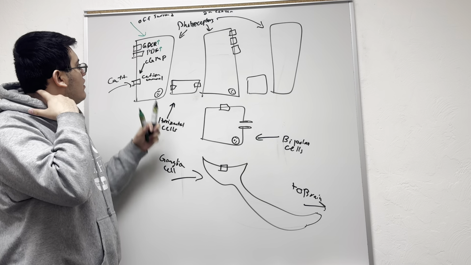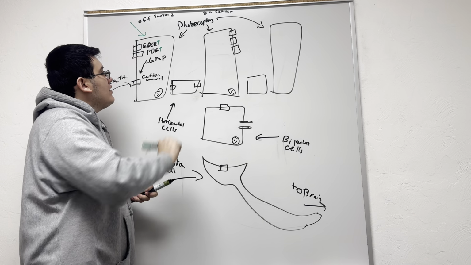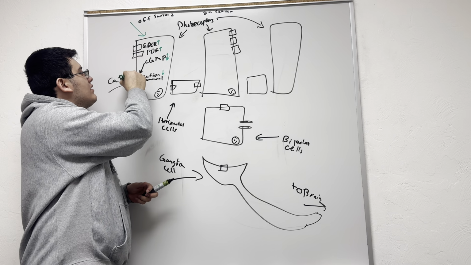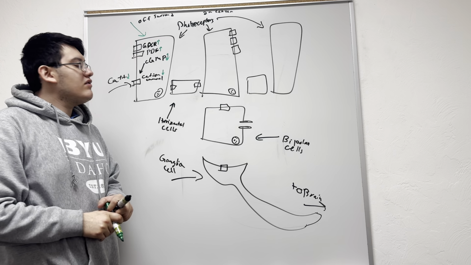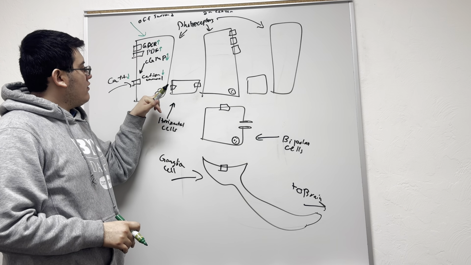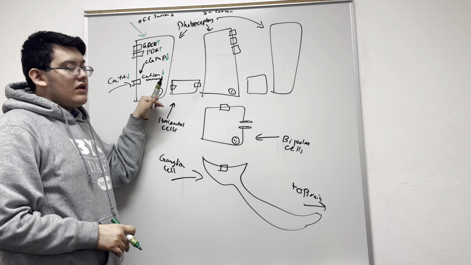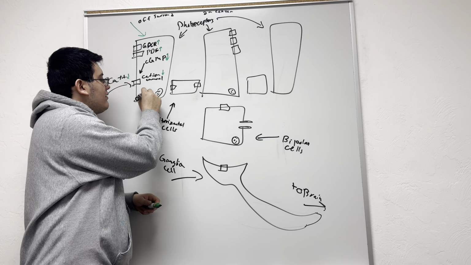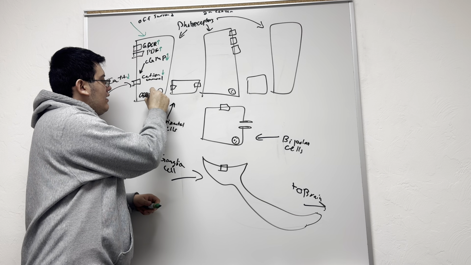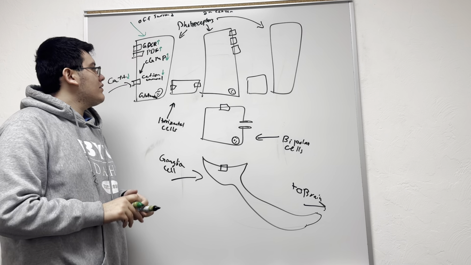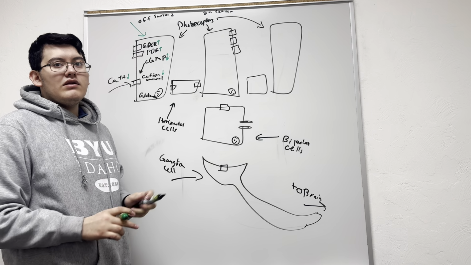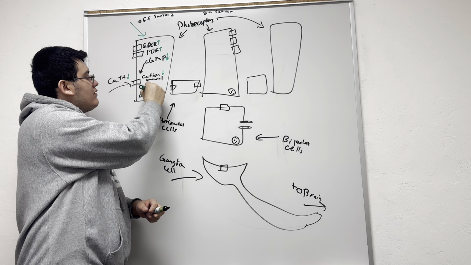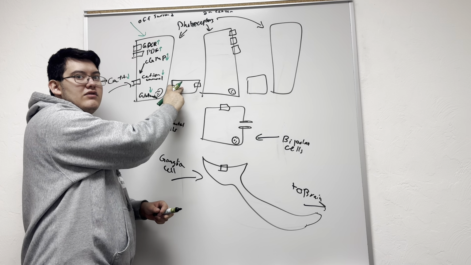So with less cyclic GMP, the cation channel is going to be open less, which means less calcium coming into the cell to activate this vesicle that releases something known as glutamate. Glutamate is a neurotransmitter that is used a lot in these reactions. And so, less calcium means less glutamate released here into the horizontal cell.